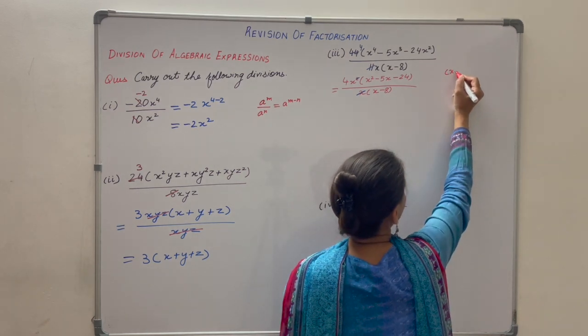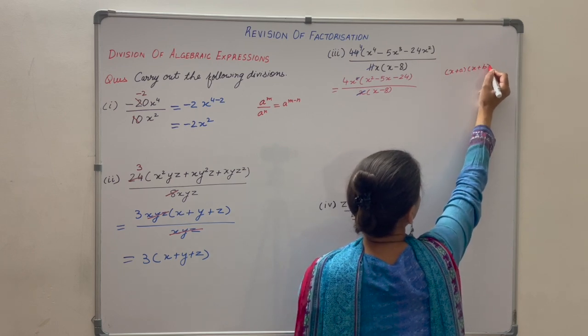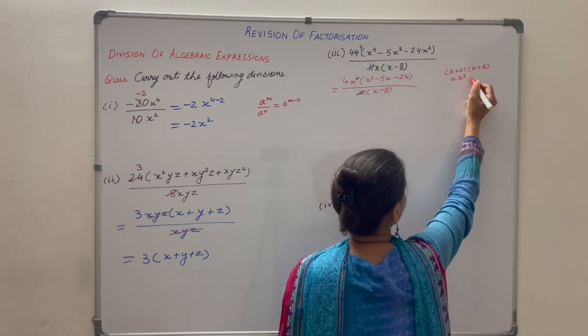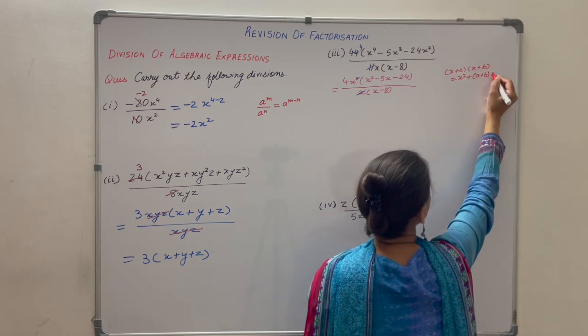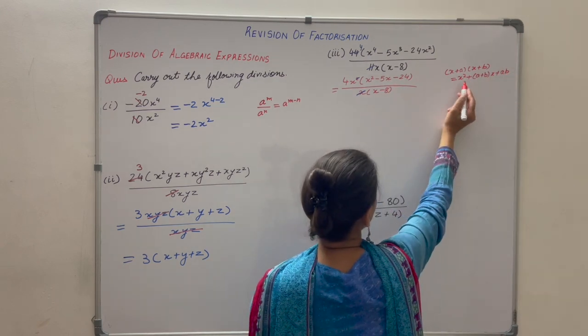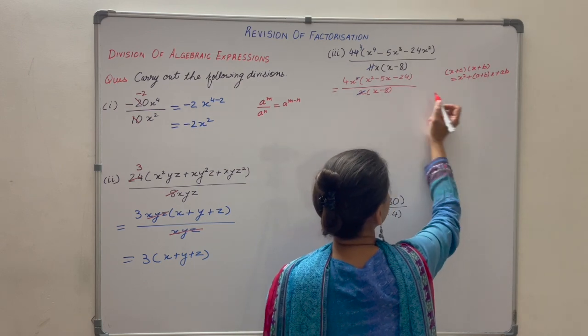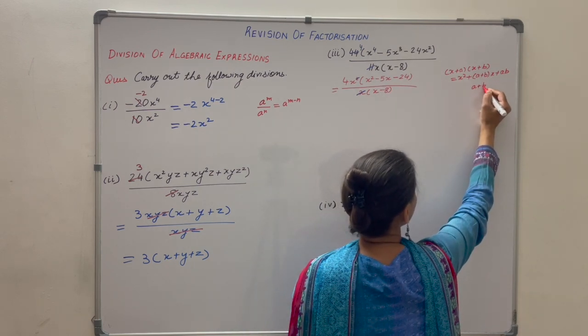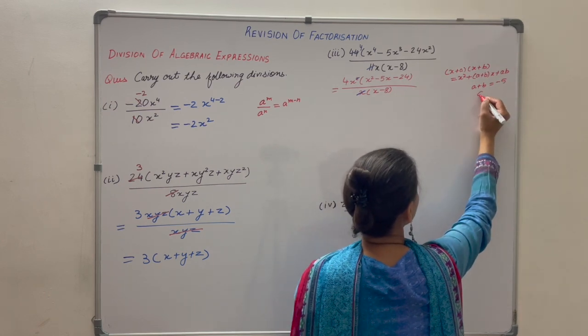This identity x plus a into x plus b is equal to x square plus a plus b into x plus ab. So when you compare these two, you can see x square is x square, a plus b is minus 5 and a into b is minus 24.